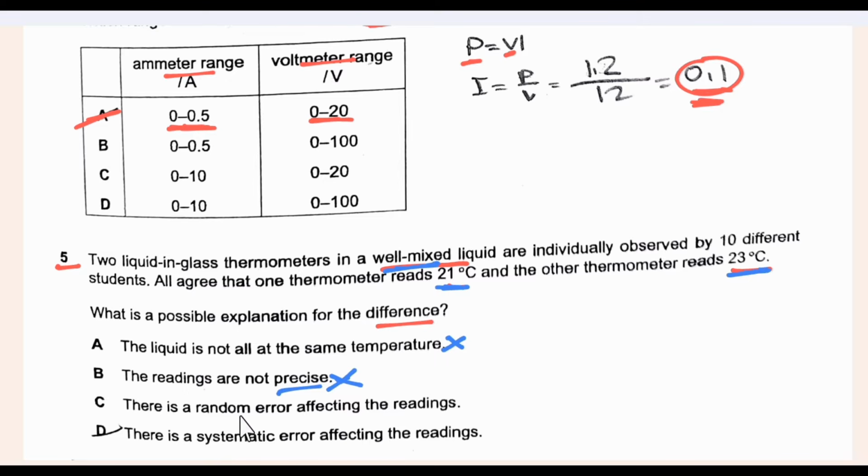There is no possibility of random error, since they all agree that one has this temperature and the other has that temperature. So this statement is wrong. But there is a systematic error affecting the reading. That means inside the system there must be an error, due to wrongly calibrated thermometers, so the readings are different. So the answer should be D.